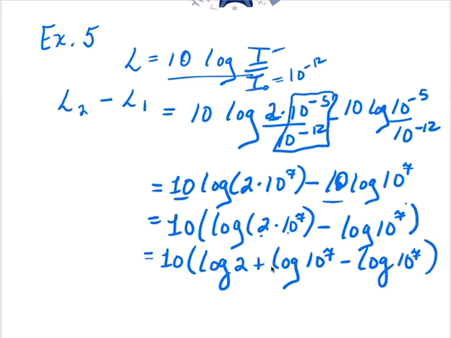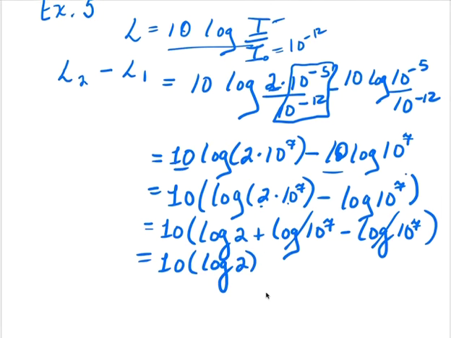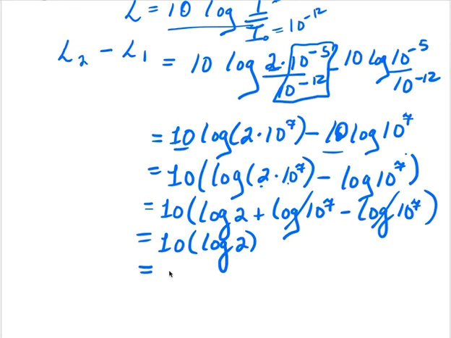All right, so what's going on here? I notice that these just cancel each other out, and this ends up with 10 times log 2. And if you put that in your calculator, let's just do it, 10 times log of 2, you're going to end up with around 3.